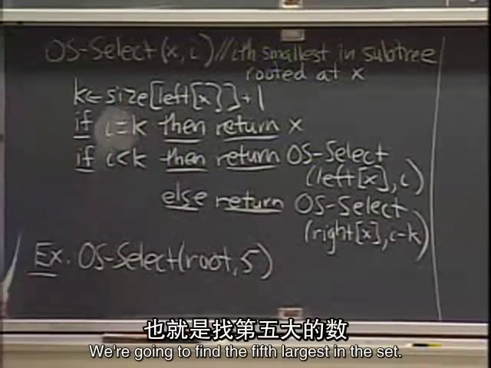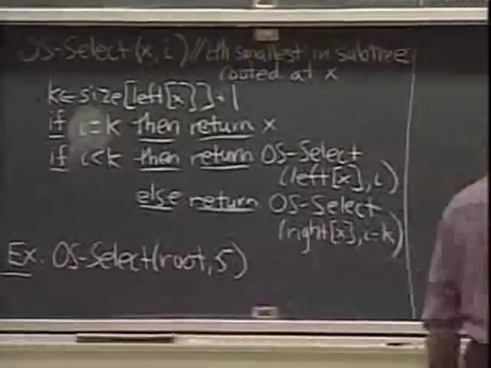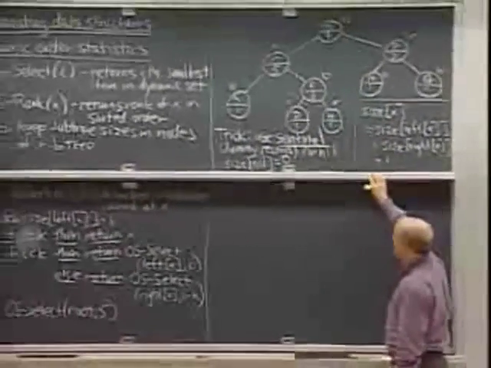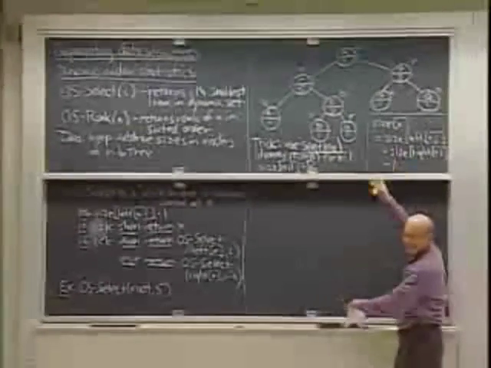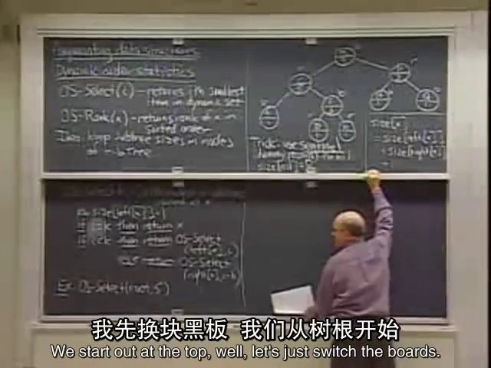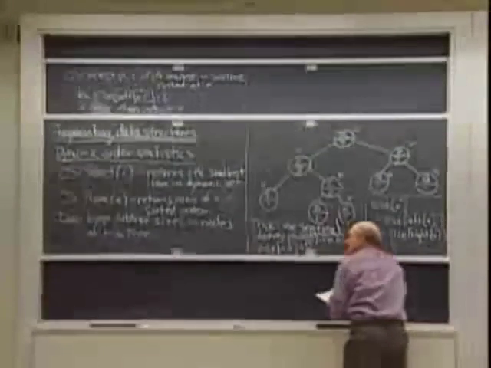So we want to find the fifth largest in the set. Okay, so this is inconvenient. So we start out at the top. Well, let's just switch the boards. Here we go.